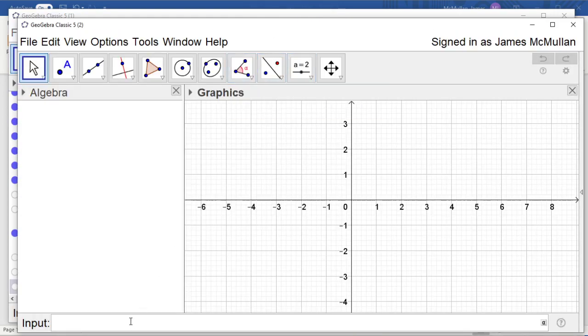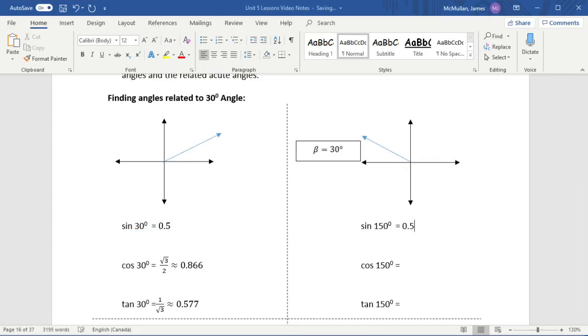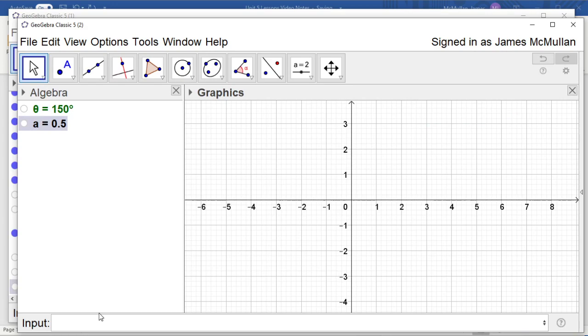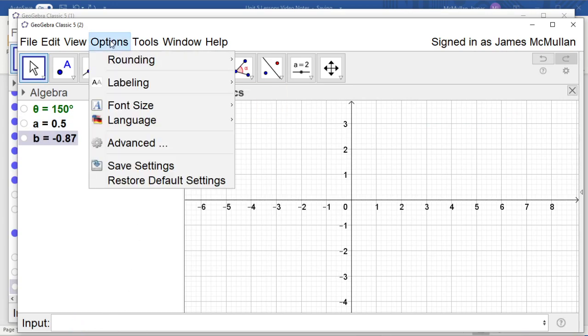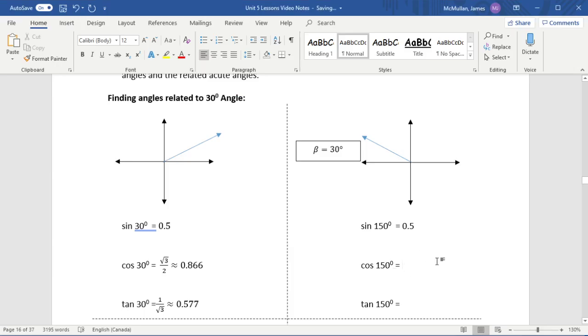So I'm going to make my theta equal to 150 degrees. Now I'm going to do sine theta, which gives me 0.5 again. That's kind of interesting. That's the same answer I got in quadrant 1. If I do the cos of theta, I get negative 0.866.